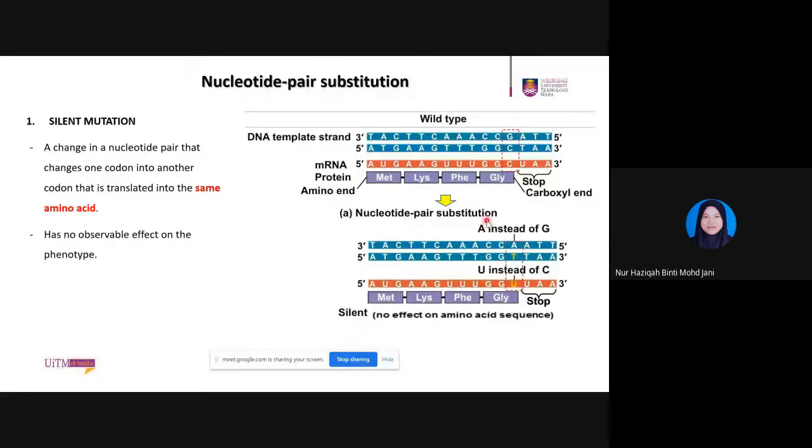For silent mutation, tengok kat DNA template ni, instead of reading CCG, it changes guanine into adenine. This is a codon, the three nucleotide pair.